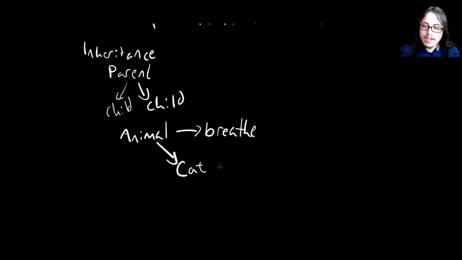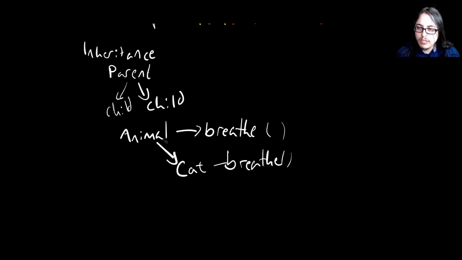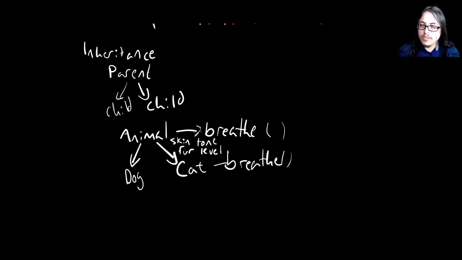So cat now has the breathe function without you having to rewrite it, and you can override it or whatever, and it also inherits any variables that you would put in animal, say like skin tone or fur level, something like this. This also could be applied to another subclass, something like a dog, which would also inherit these functions, and you could make them unique in their own way.